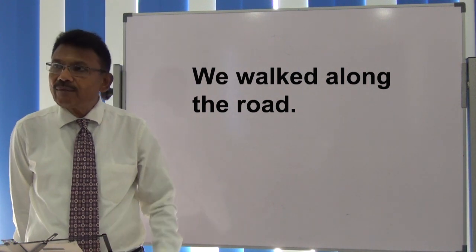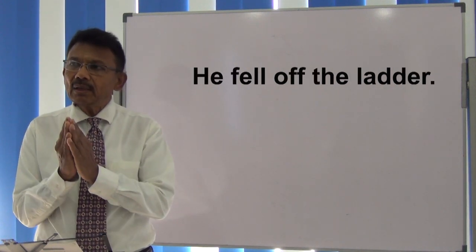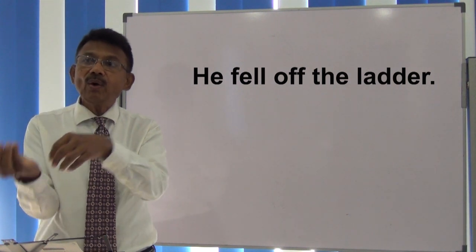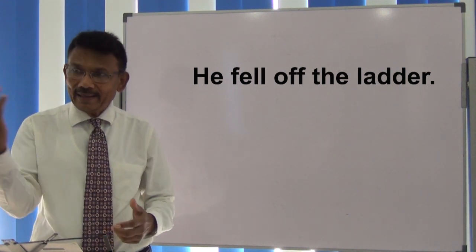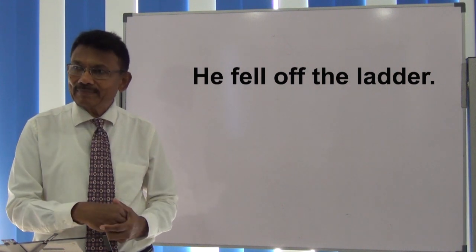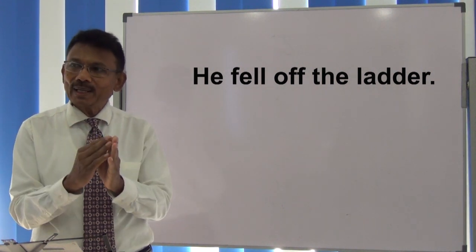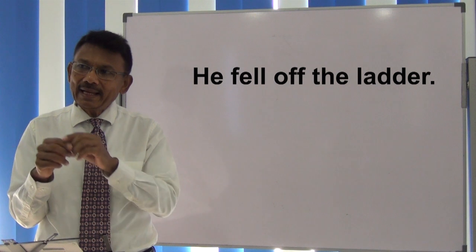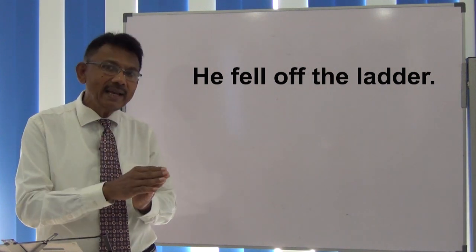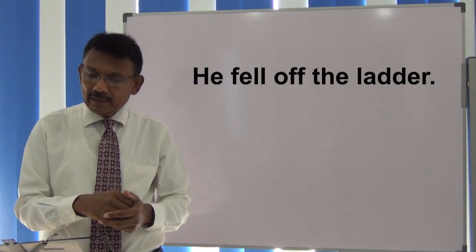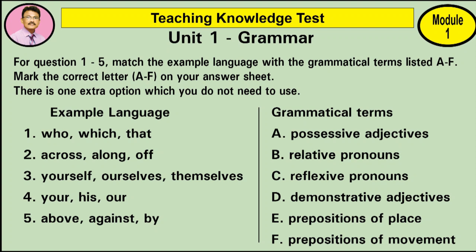Then off: he fell off the ladder. That also is movement. He was on the ladder and then he fell off the ladder. Then the answer to question number 2 is F, prepositions of movement.